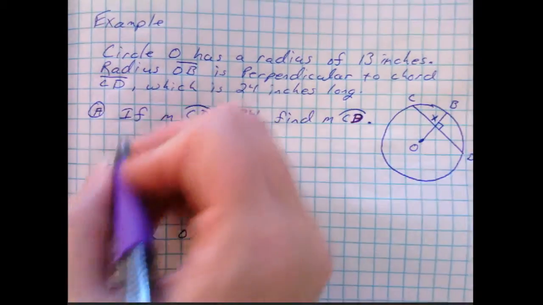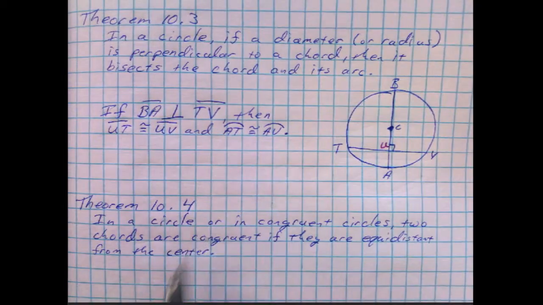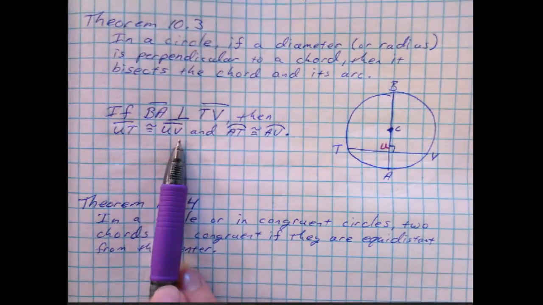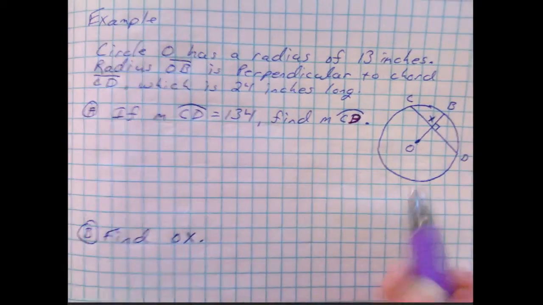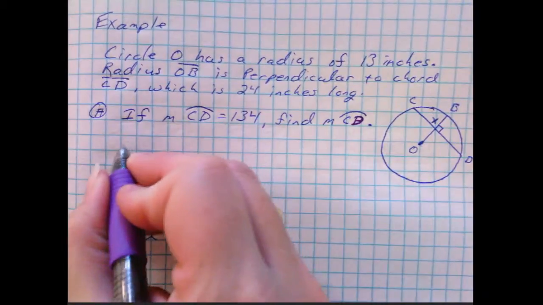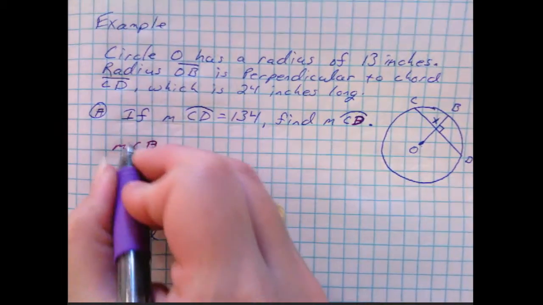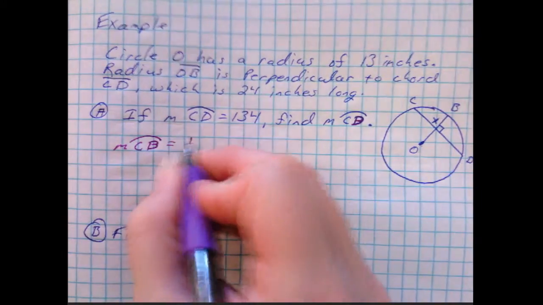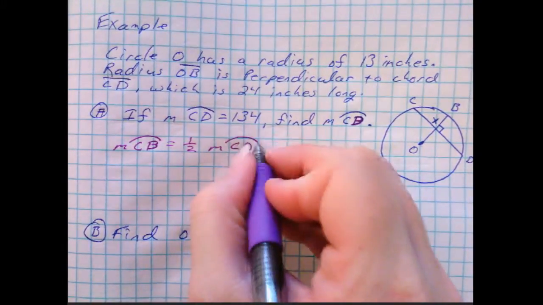So we know from this theorem right here that it bisects it. If it's perpendicular, then it bisects it, so that means it's half. So the measure of arc CB equals 1/2 the measure of arc CD.